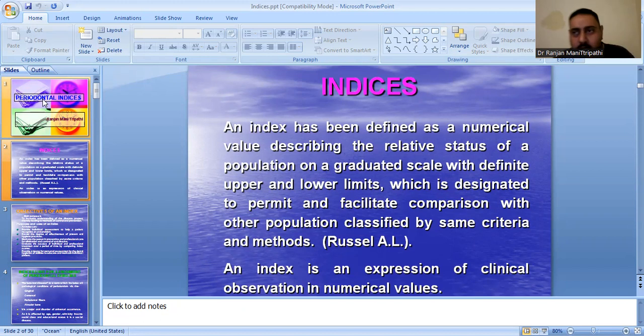Now, this definition was given by Russell Hale in the year 1969. In other words, an index is an expression of clinical observation in numerical values.